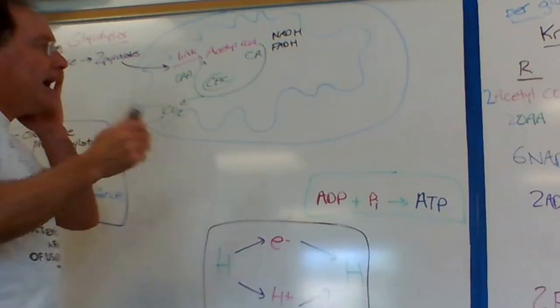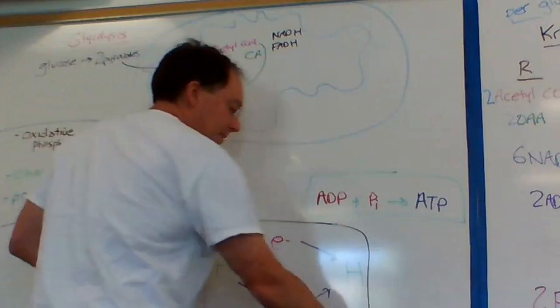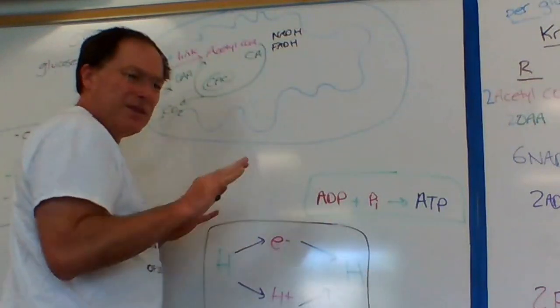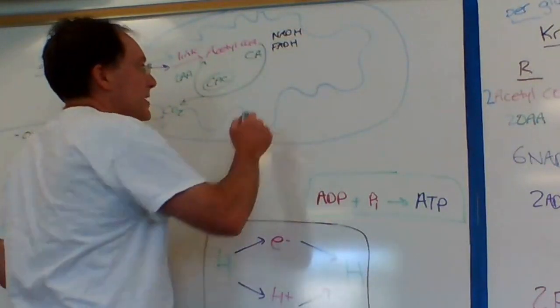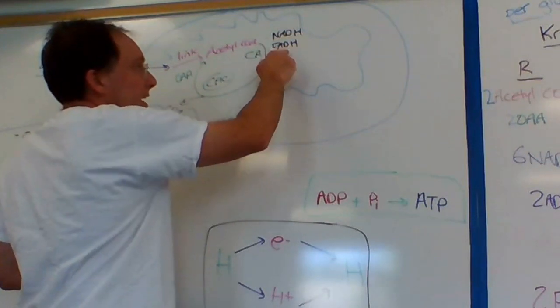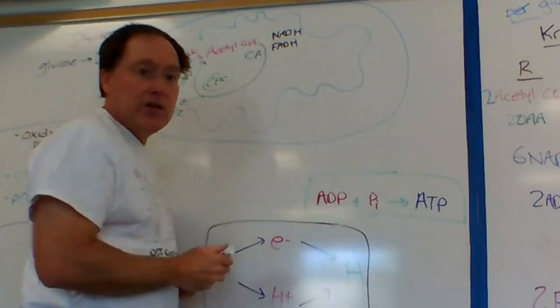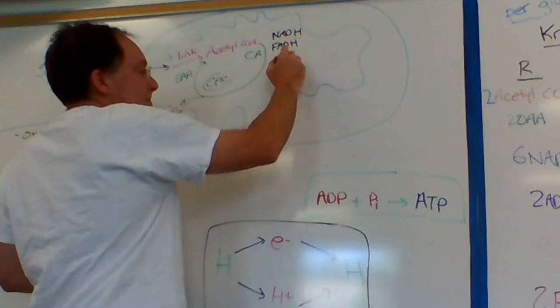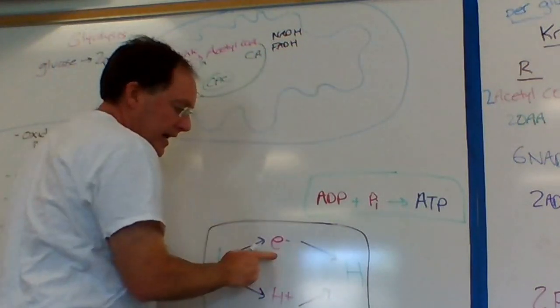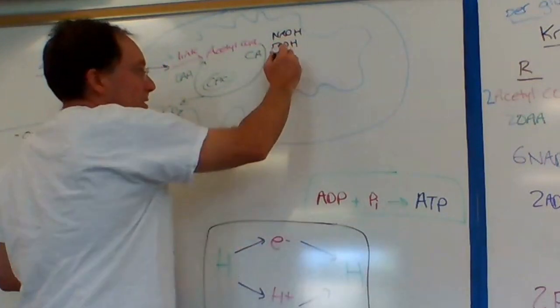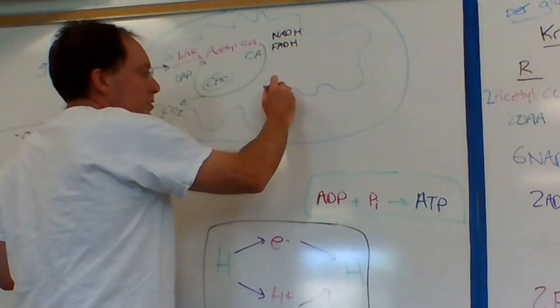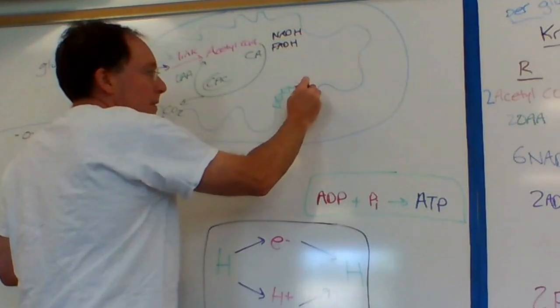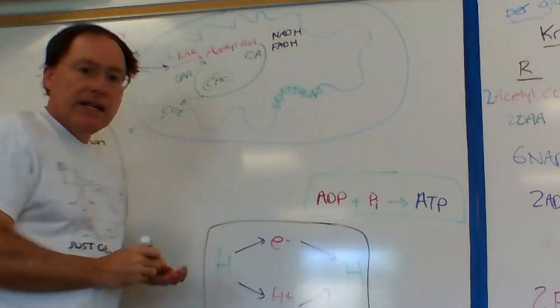Okay, fine. So now what happens? Well, what we're seeing in this picture a little bit, and we'll see it in a little more detail in a second, is that the NAD and FADs are going to deliver their hydrogens to this inner membrane here. Essentially, because you know that this hydrogen is made of an electron and a proton, I'm just going to draw a bunch of squares on this, representing all these little proteins that exist in this membrane.